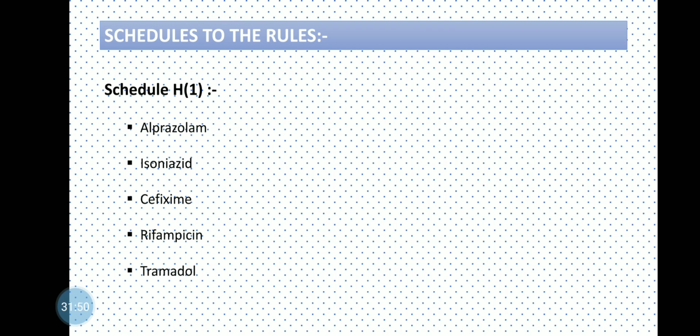A separate record is to be maintained by a retailer when supply of Schedule H or H1 medicines is carried out to a patient or to the customer.